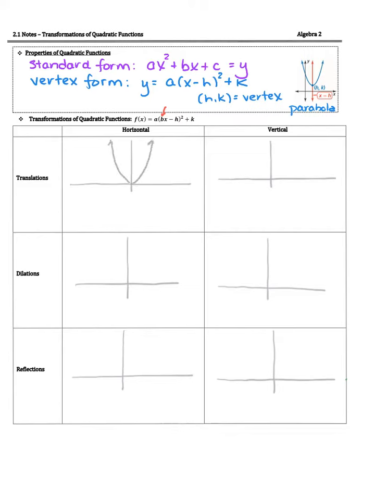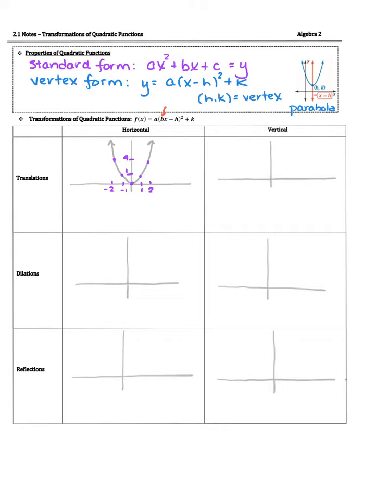There's your parent function. Remember that when we do that, we go over 1, up 1, and then over 2, up 4, because 2 squared is 4, to get those initial points, and then use the symmetry on the other side. So you always want to give the vertex and then those other points. That would give you 5 points, which gives you a nice accurate graph.